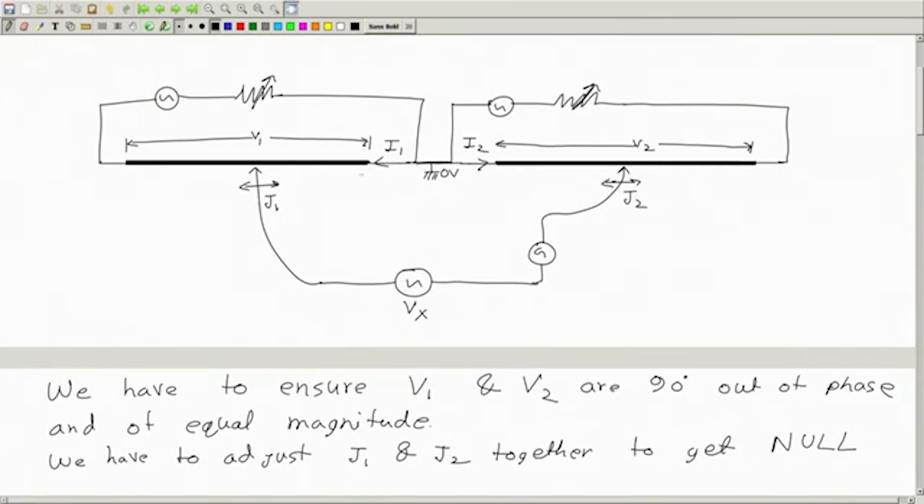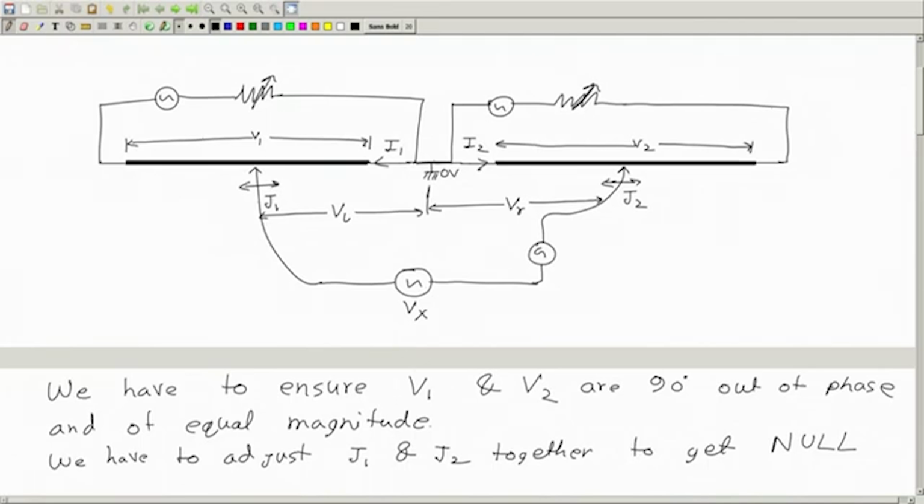Now let me call this voltage from this reference point up to this side VL, and call this voltage VR.